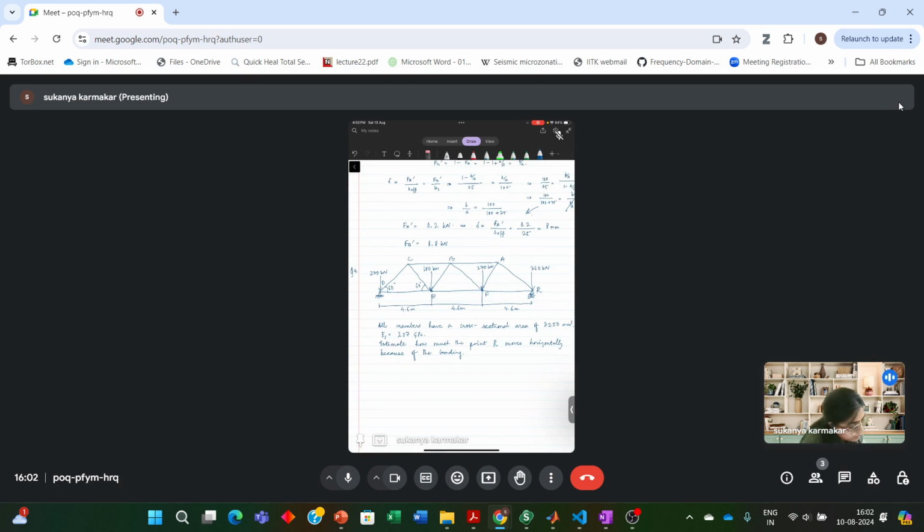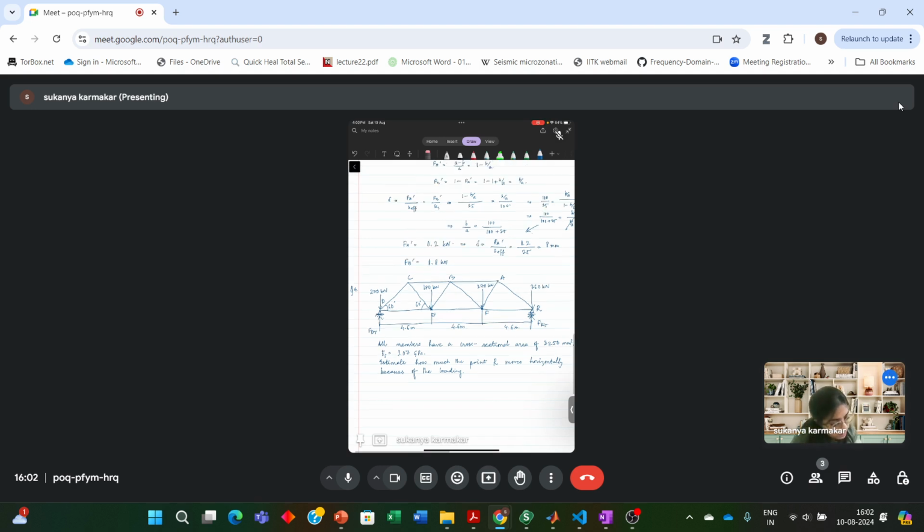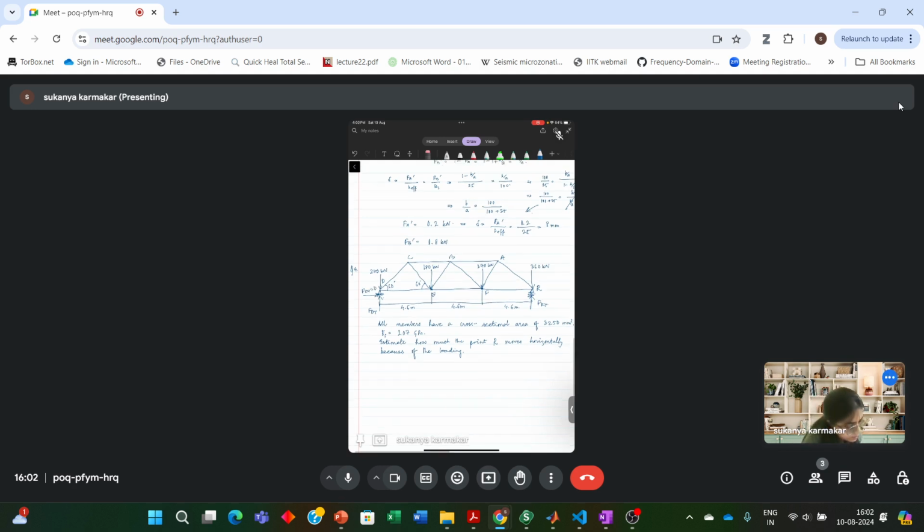So you will have a reaction here and you have a reaction here. This is Fdy, FRy. Since there is no horizontal force acting on the truss, I am not marking the horizontal. This Fdx will be equal to 0 since no horizontal load is acting on the truss.